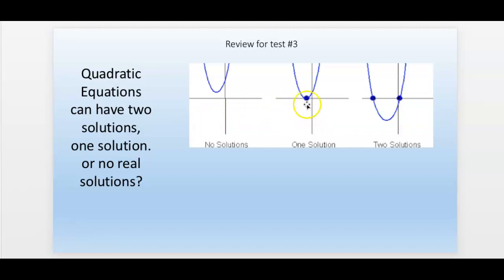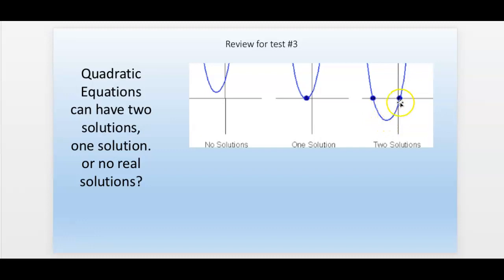All right, the one in the middle here, it just touches the x-axis. It's a perfect square, so it only has one solution. And this one over here touches the x-axis in two different places, so it has two solutions. And remember, this one, the minimum is below the x-axis.